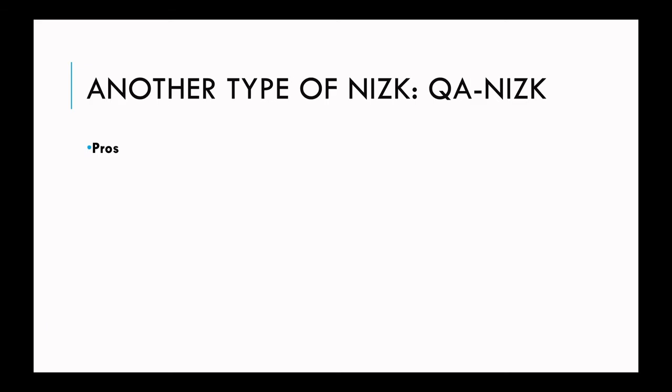In this paper, I'm interested in another type of NIZK that is called quasi-adaptive. I will call it KNIZK. KNIZK has several interesting pros and cons compared to SNARKs. One pro is that it's super efficient for a restricted class of languages.